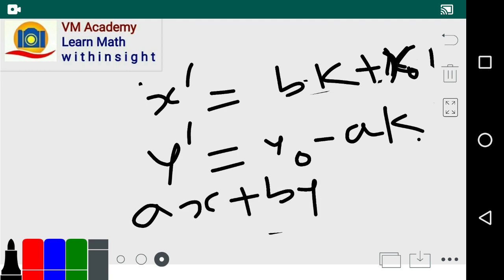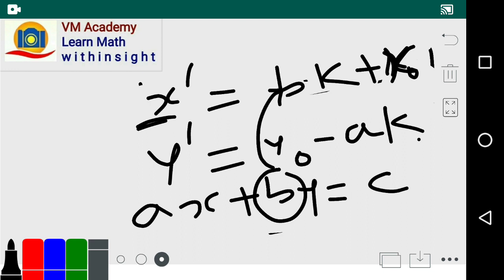For ax plus by equal to c, for x dash this goes here, and for calculating y dash, the coefficient of a goes here, that is negative of a, minus a times k.